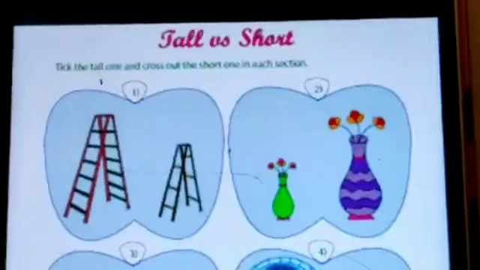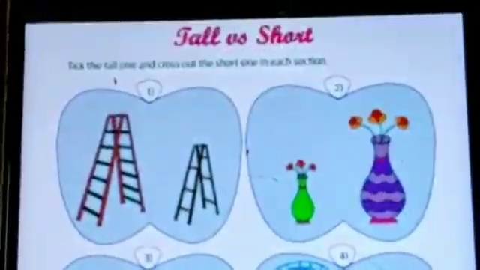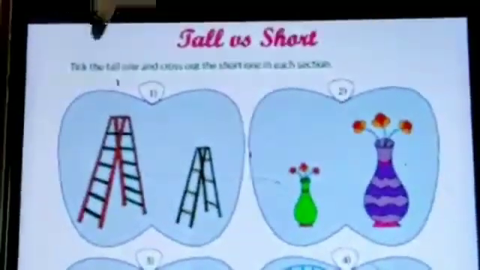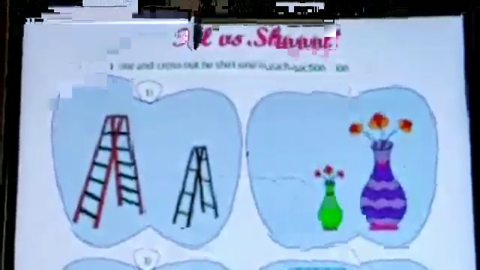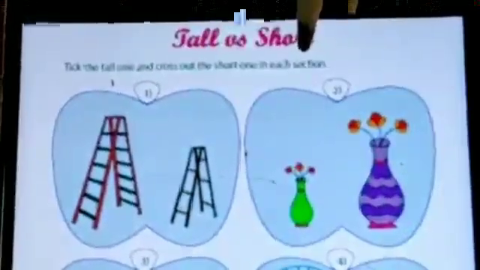Good. Now students, the last one is tall and short. First let us spell tall. Repeat after me. T-A-L-L, tall. S-H-O-R-T, short. Good. In this what we have to do? Tick the tall one and cross the short one in each section.